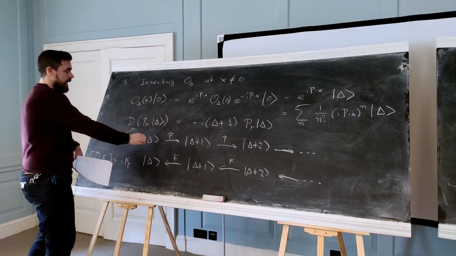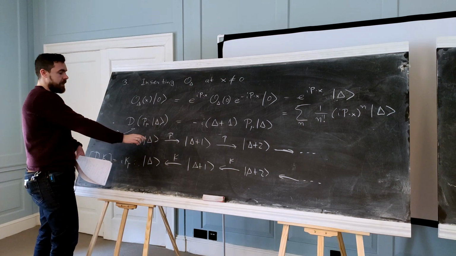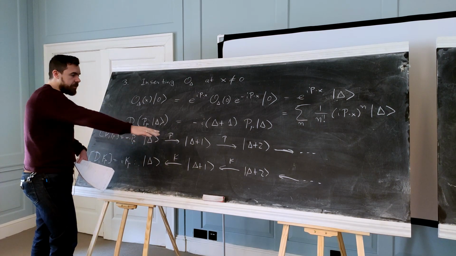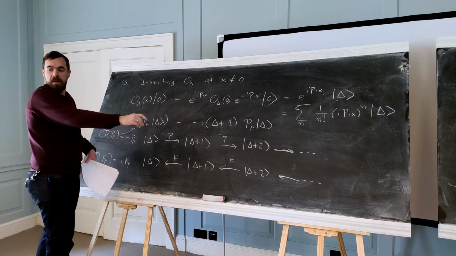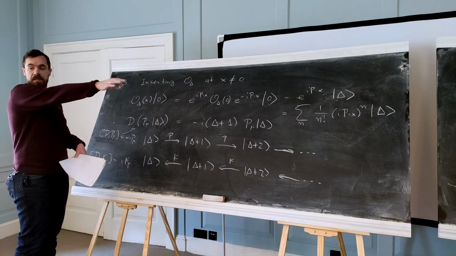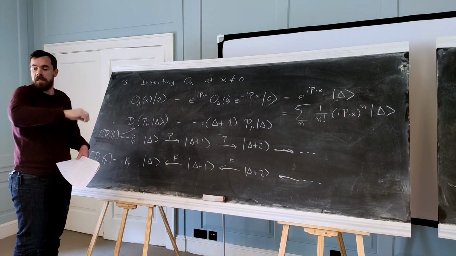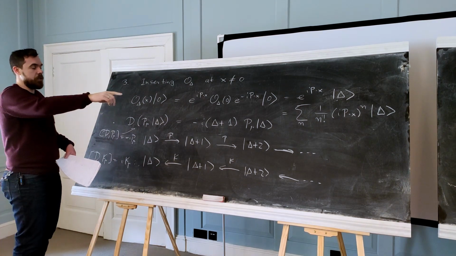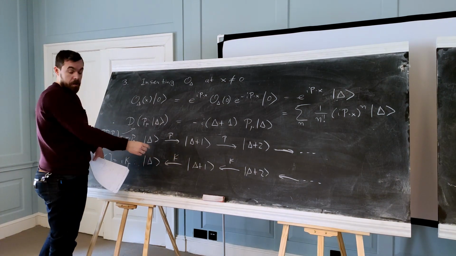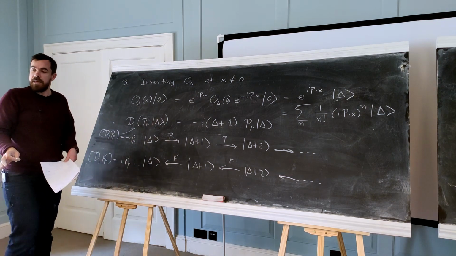If this is the primary state, meaning that it transforms in the way that we showed before, you take that operator and create a state from that operator using this radial quantization procedure that we discussed, then you will be able to show that k on that state is 0. And it doesn't depend on delta.